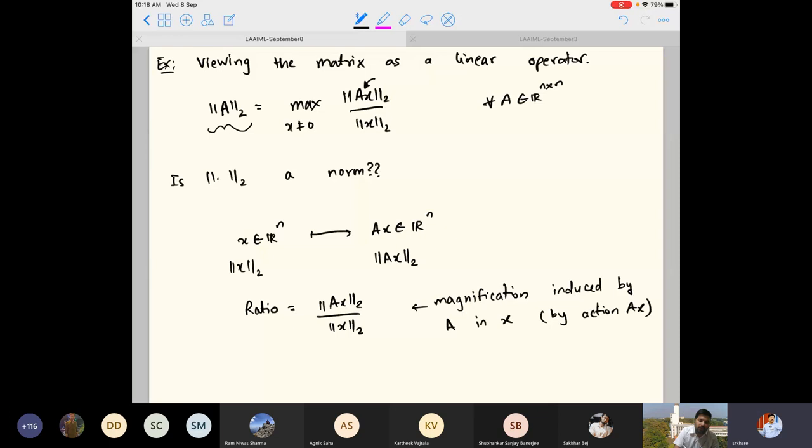That maximum we are denoting by the norm of A. So this function basically represents the maximum magnification induced by A in the vector x. Correct? So what is the maximum magnification that you can induce? Do you understand geometrically what this number is?